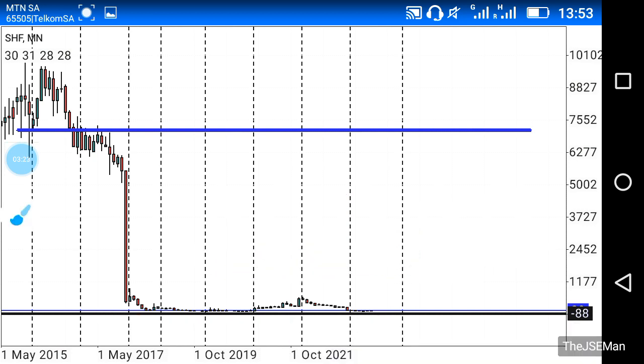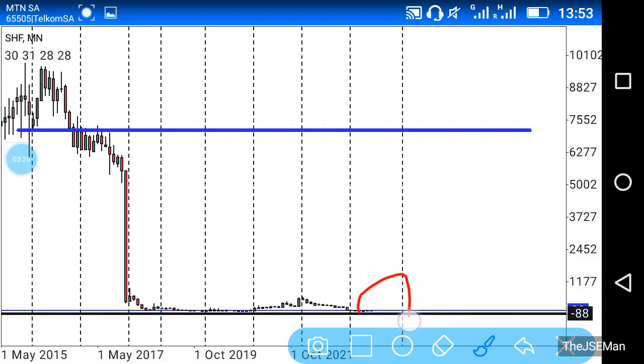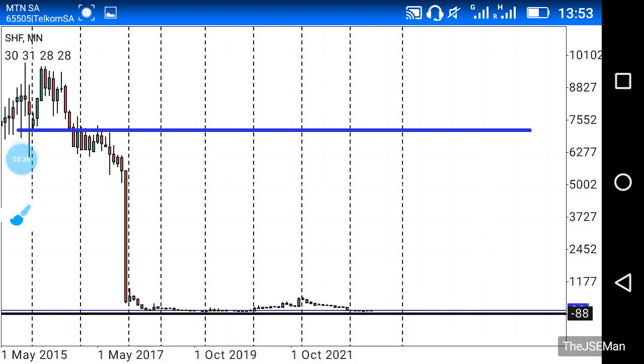So I believe that before we actually see the market move further up, it's quite likely that we're going to see the market move further down to grab all of those stop losses and then only potentially move further up, right?